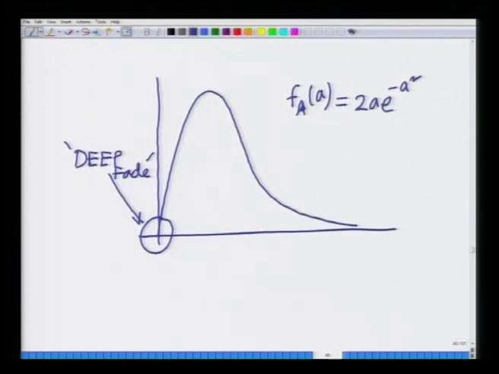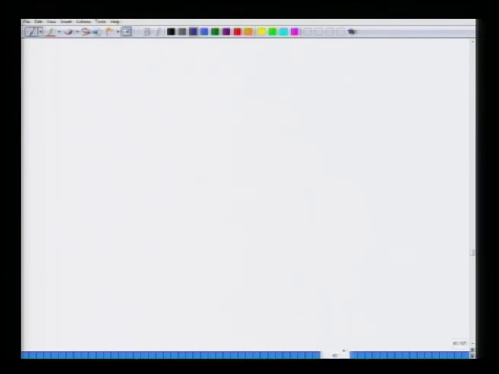So, this is the Rayleigh fading distribution. We will talk more about this deep fade scenario later, but also, to complete our discussion, let me derive the marginal distribution of the phase phi of the fading coefficient, and this is given as f phi of phi.